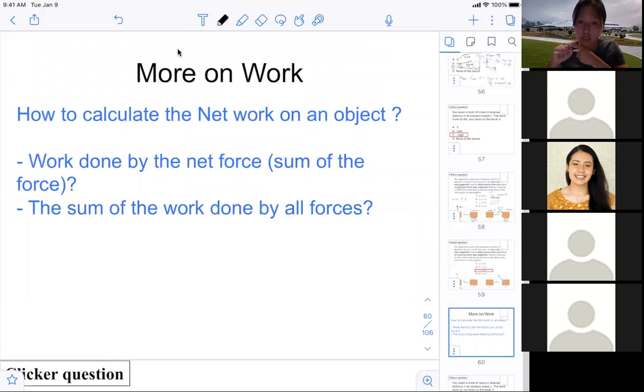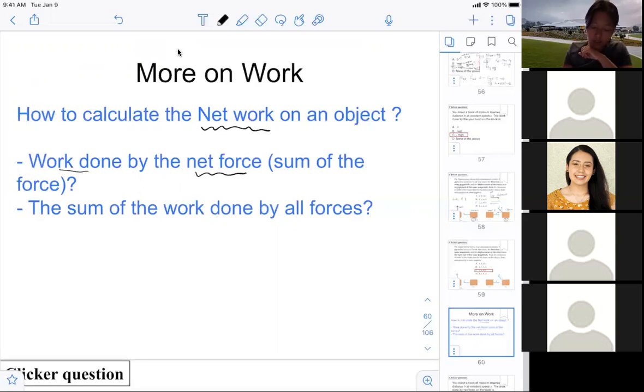And we looked at work for individual forces. So how do we calculate net work? Because there are many forces. To calculate net work, there could be 2 different approaches. You might say, let's calculate the net force first, sum up all the forces first, and then look at the work done by that one net force.